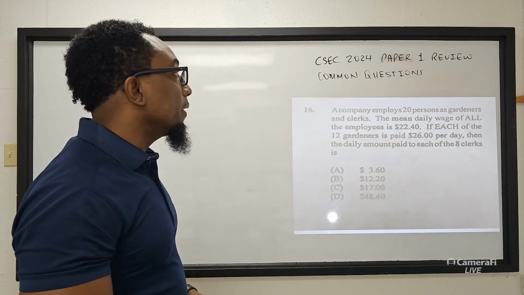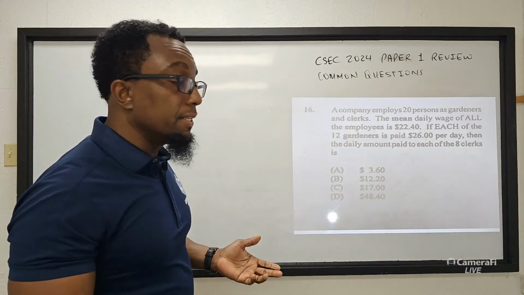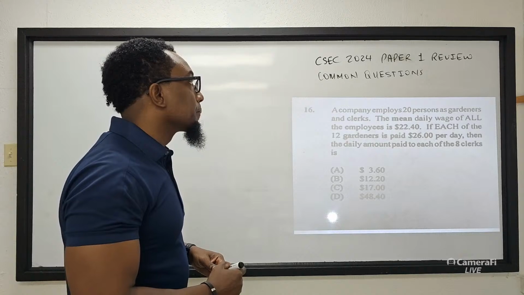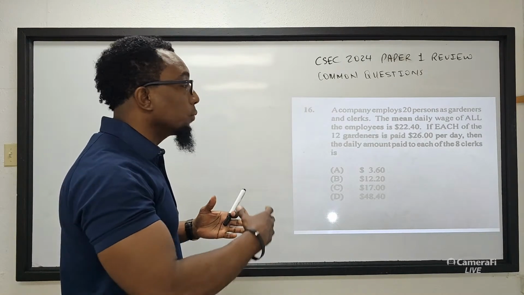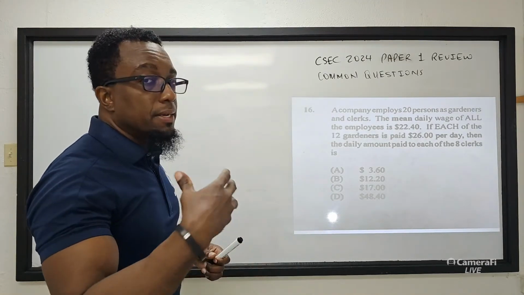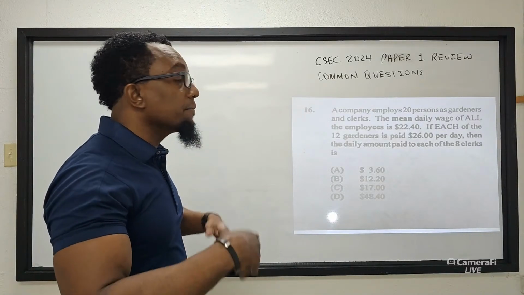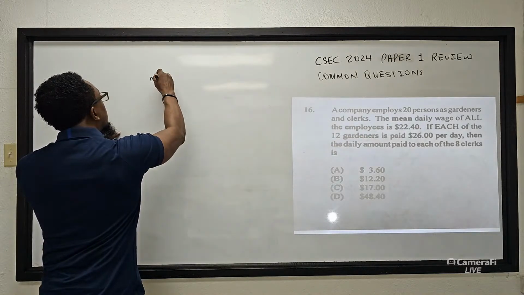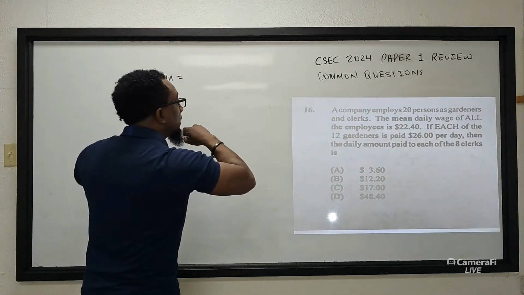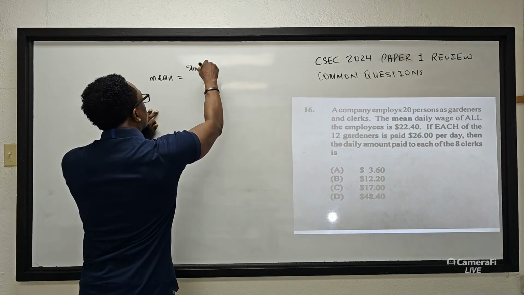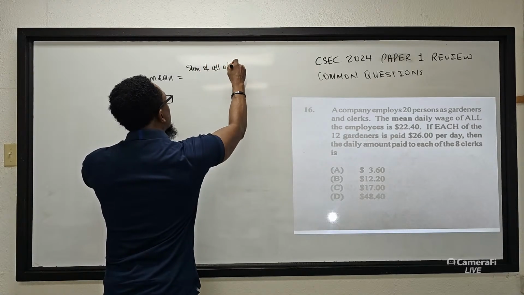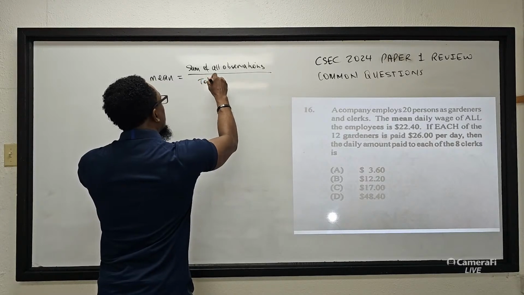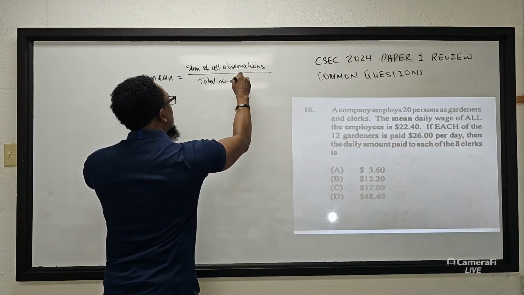So we know to find the average, we take the total amount of money and divide it by the number of persons, so we'll know the average amount paid. So your average or mean is the sum of all observations divided by the total number of observations.